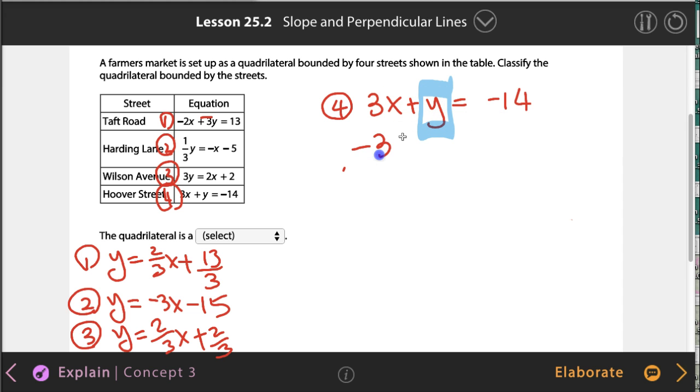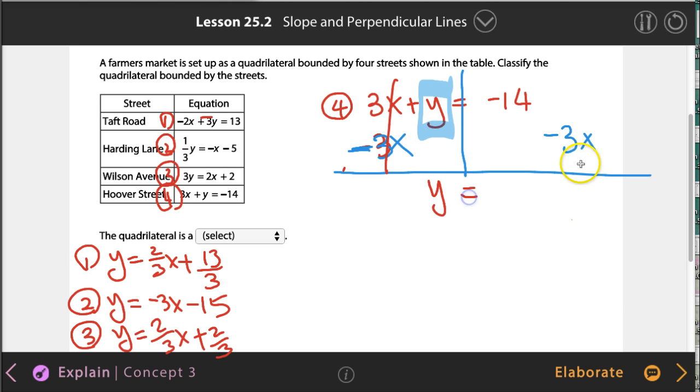So we only have to get rid of the 3x. So we have to subtract 3x from both sides. Both sides of the equal sign, that is, right? So there you go. This goes away. Y equals, and then I told you to put the x first, negative 3x minus 14. And that's your fourth equation.